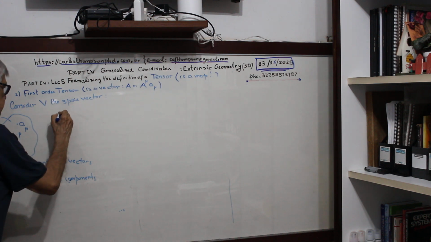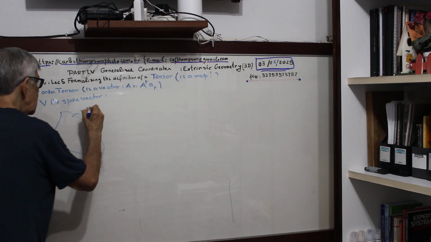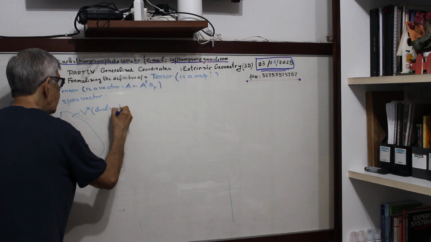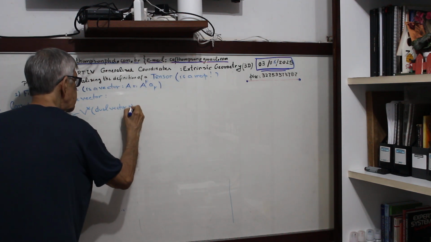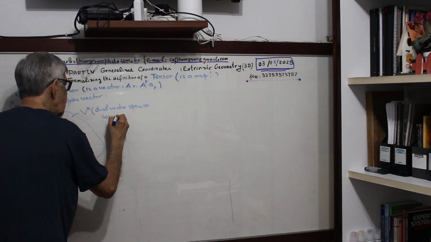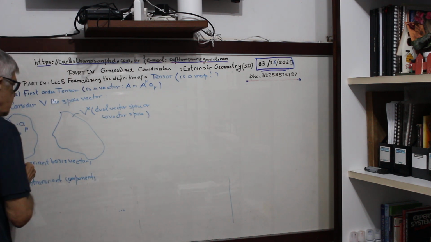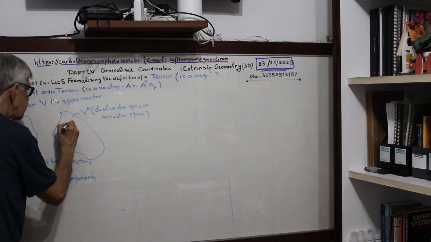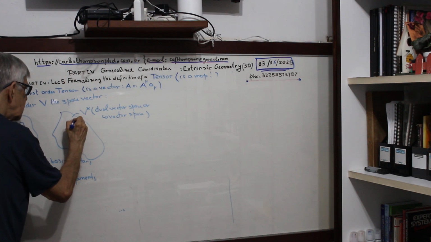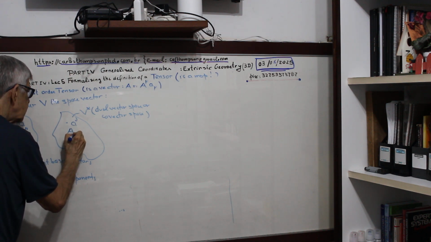Now, you define the space vector V star as the dual vector space or covector space. You see this? Then I will define e, let's say nu, and the components A nu.